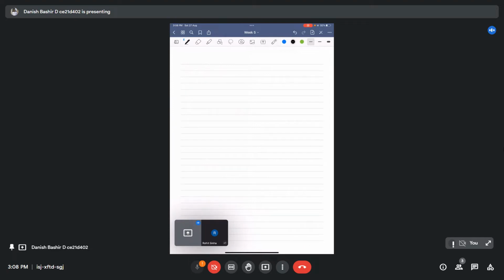For example, if we have a simply supported beam like this, it is subjected to some loading. Let's take uniformly distributed load W kilonewton per meter.